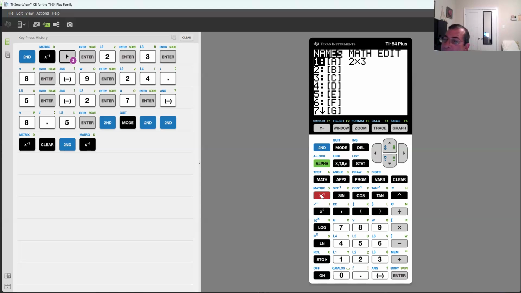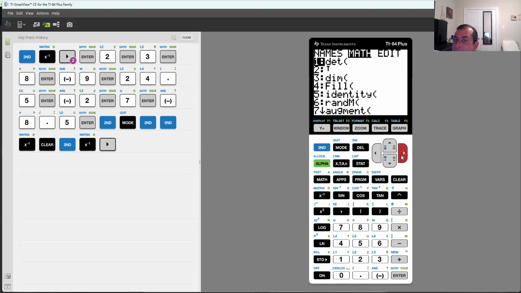Now we done did the editing part, and y'all see right there it says A 2 by 3. That's telling me I now have my 2 by 3 matrix in there. But what we want to do is arrow once to the right and highlight math. Once you got math highlighted, we're going to arrow down and find RREF.